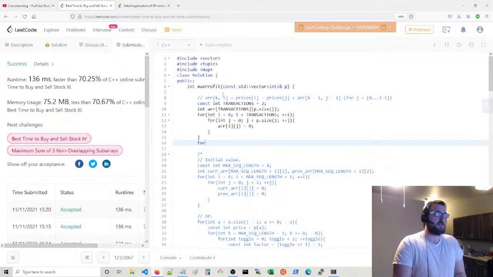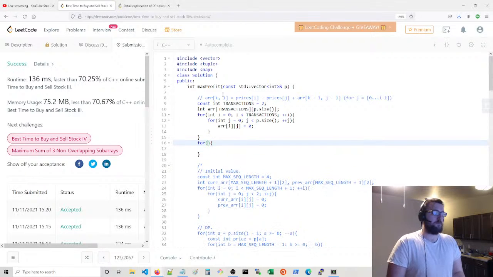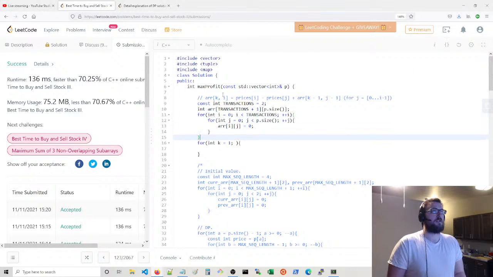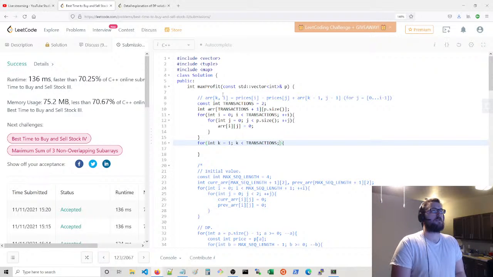And what he was suggesting is you could just have a quadruple loop, int k equals 0, or he said k is start off with 1, so transactions plus 1, k is less than transactions, and actually be less than or equal to.